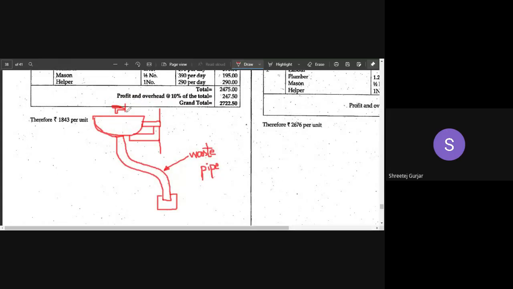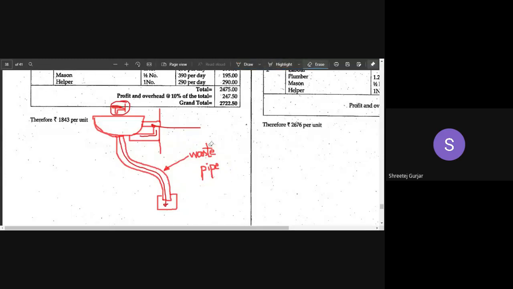We require one tap. We require one bracket, which I have drawn over here, so that you can fix the basin to your wall. Then you require one waste pipe so that the water from the basin can get into the drain.